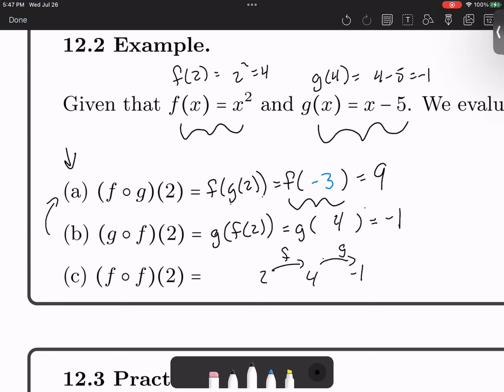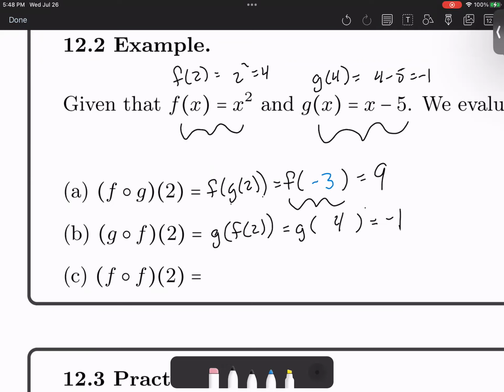So note, composition is not symmetric. G of f and f of g give you two different things. All right, f of f of 2. So effectively, we're going to do the function f to 2 twice. Let's see what we get.